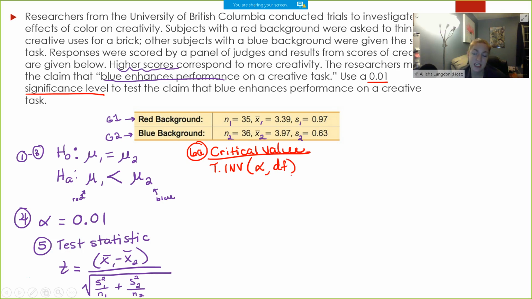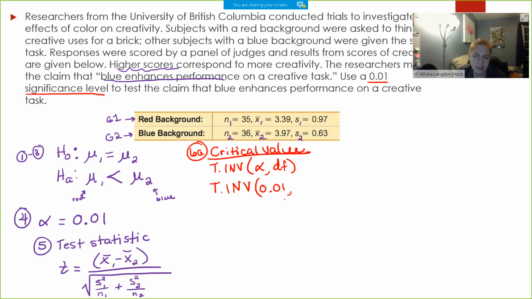Now, what type of test is this? Is it left, right, two-tailed? It is left, so that's why we can use this method. I feel like I should switch it up one of these days. So alpha this time is actually 0.01, so we're switching it up.